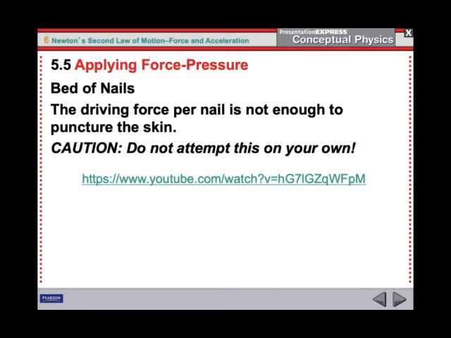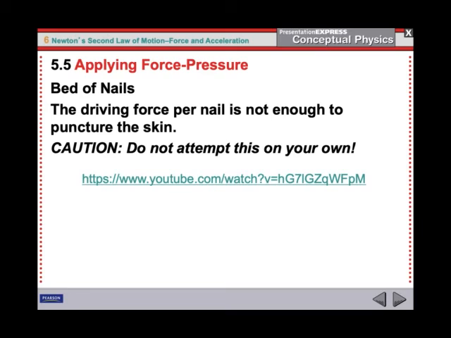And when you do that, you have to be a little careful getting on the bed of nails because you don't want your area to be too small when you're first getting on. So you kind of have to crab walk it back and then lower yourself evenly onto the bed of nails.